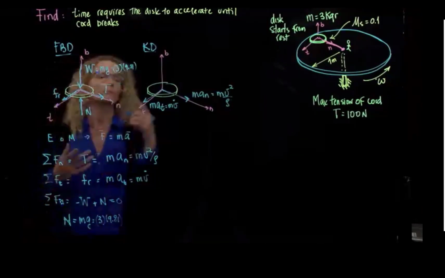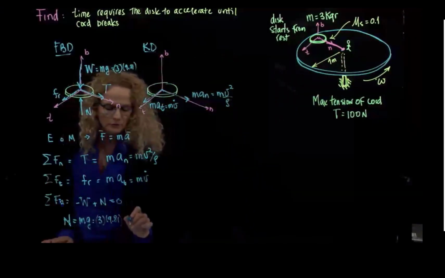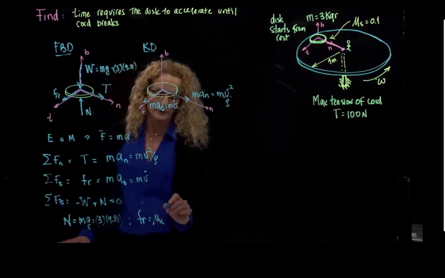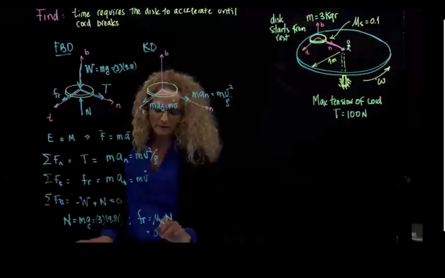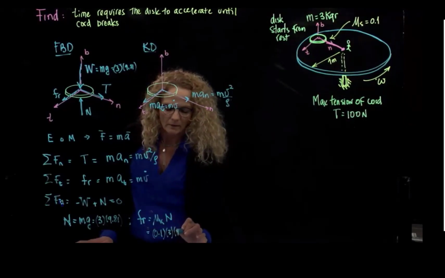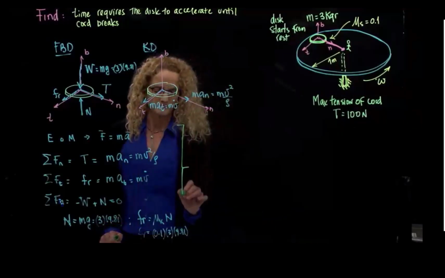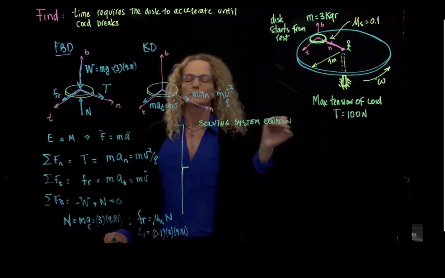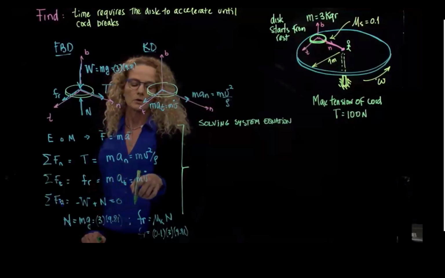So we have the normal, and we are given the kinetic coefficient of friction to find our friction force. Our friction force, we know that is the coefficient of kinetic friction times normal. And this is equal to 0.1 times 3 times 9.81. Solving the system of equations now, which is actually very easy, because from here we have the friction force, so we can get the acceleration.